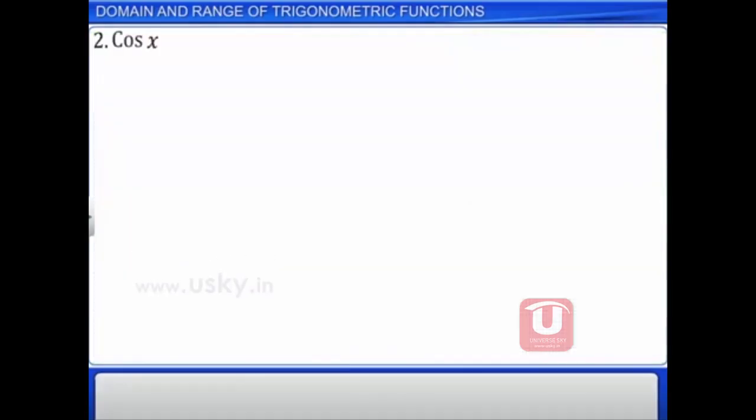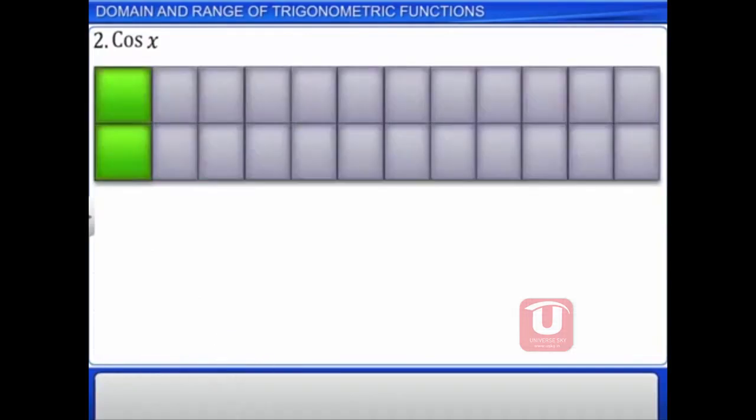Let's now move to the graph of cos x. Again, let us take the values of x as 0, pi by 6, pi by 4, pi by 3, plus or minus pi by 2, plus or minus pi, and plus or minus 3 pi by 2.